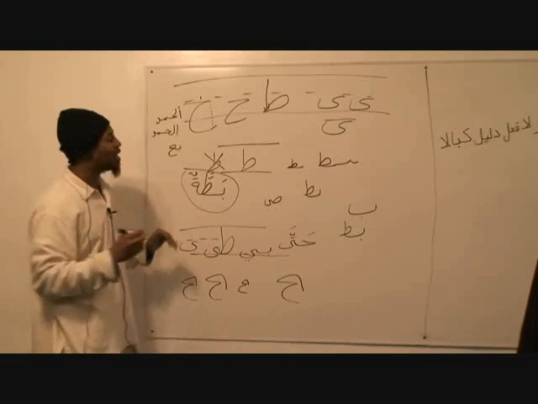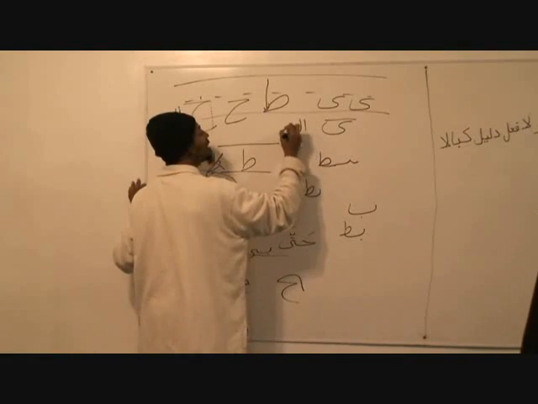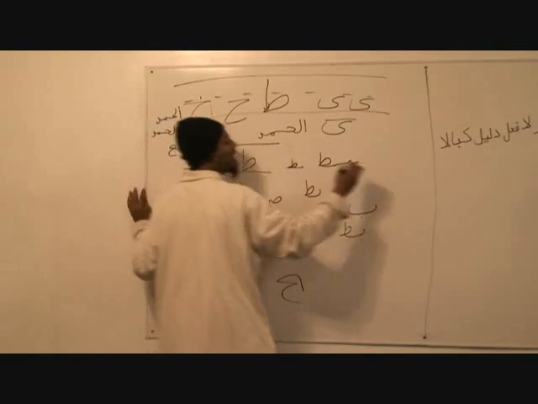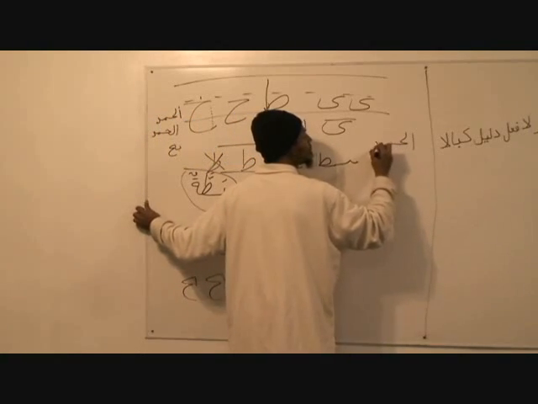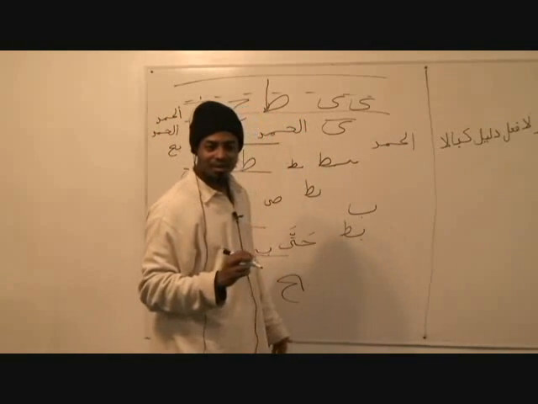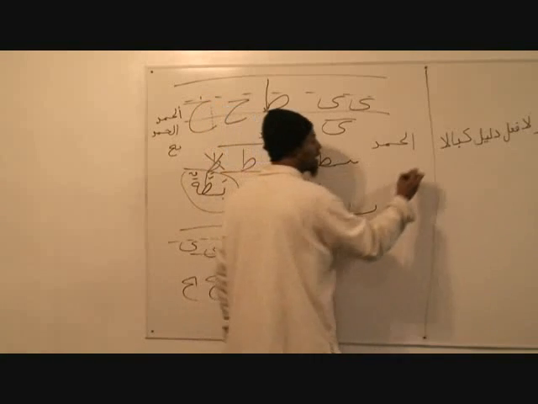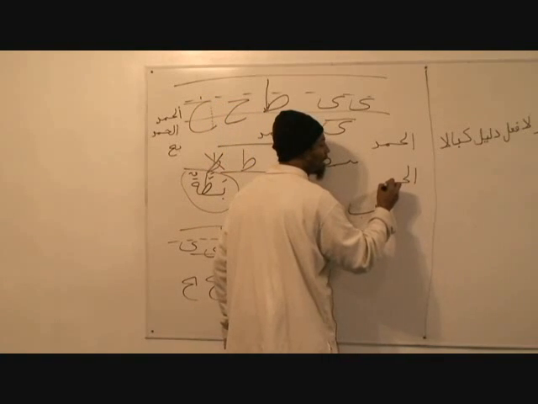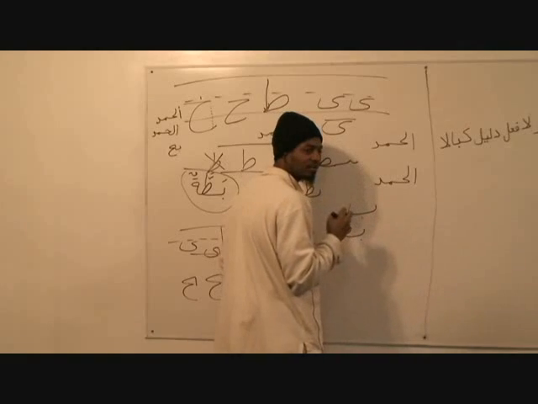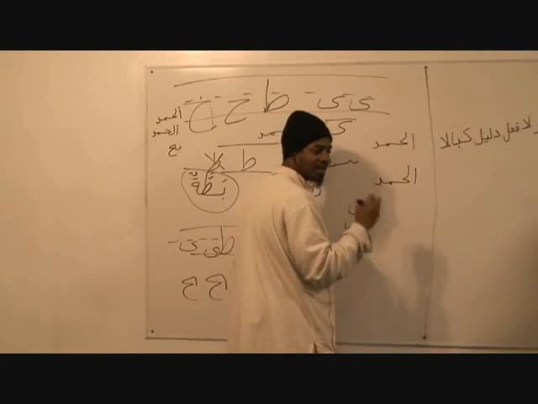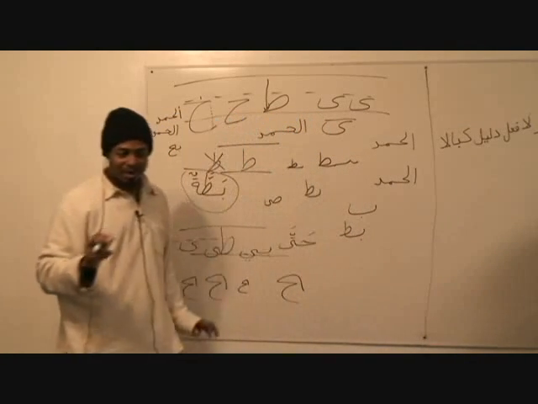That is not the way we write. Rather, we write like this. Did you see me? I didn't lift my pen. Alif, lam, ha, mim, dal. When you're writing. Is everybody following me?